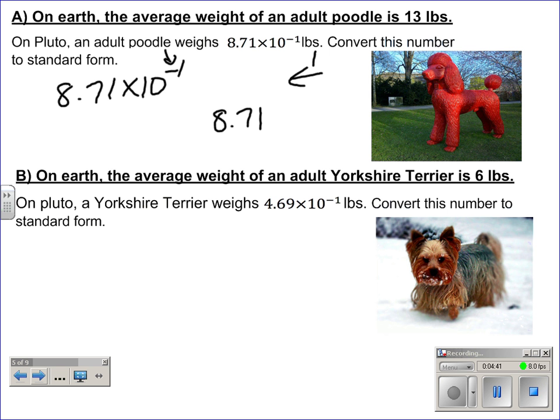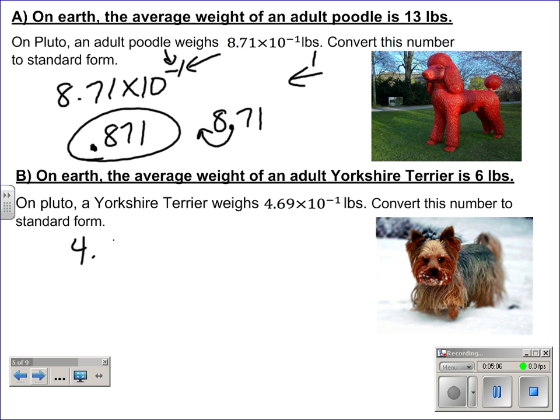We know we're going to move it once to the left because of the 1. So let's go ahead and do that. We move it to the left once, and you see that on Pluto, an adult poodle weighs 0.871 pounds.